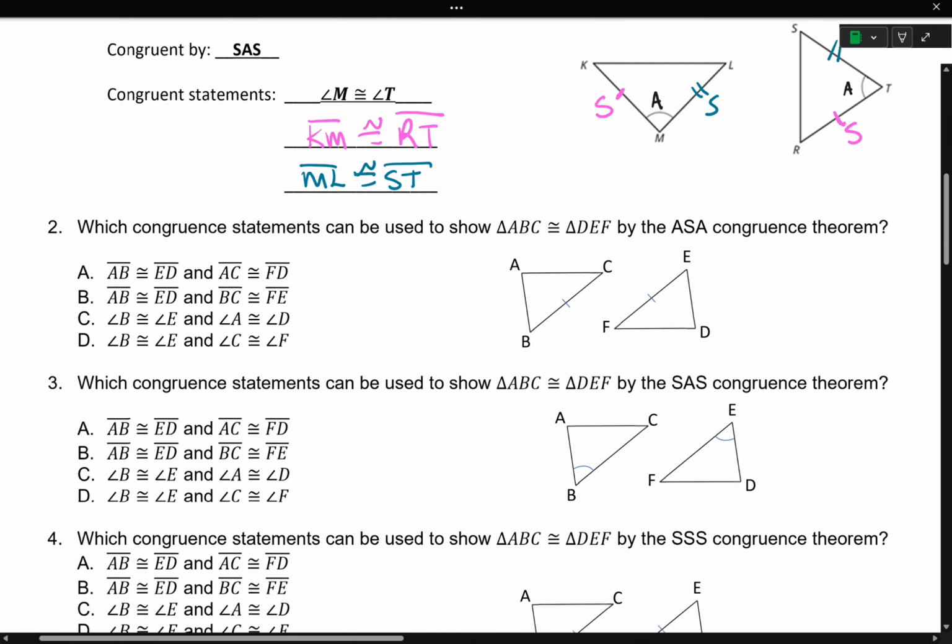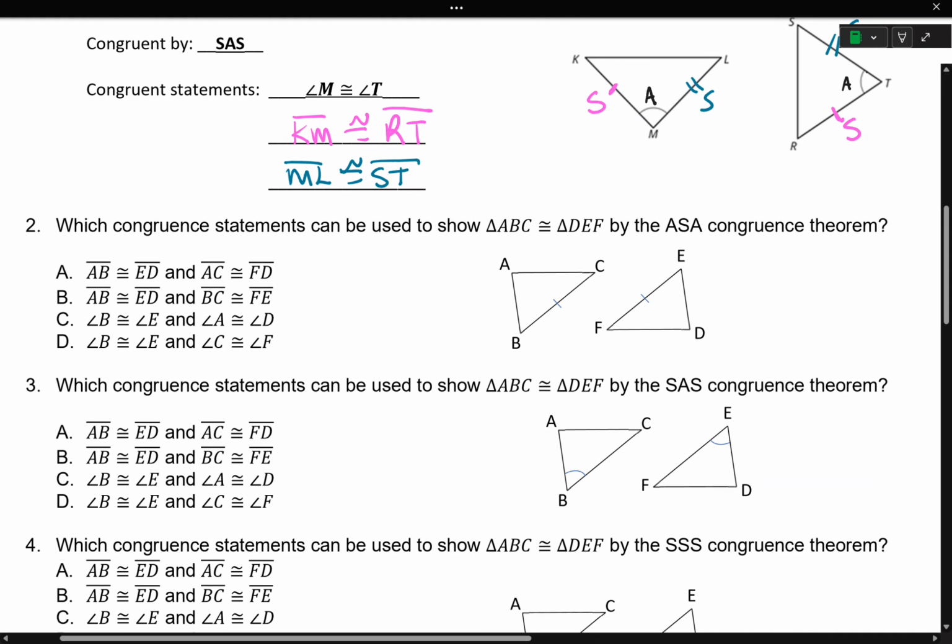Number 2 is asking a similar question, but it's giving us some options, so a little multiple choice practice. Which congruent statements are needed to show that triangle ABC is congruent to triangle DEF by angle side angle? We already have a side, which means we are missing 2 angles. First of all, I can cross off A and B because all they offer are sides.